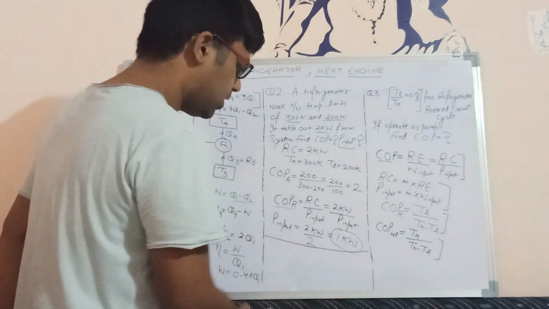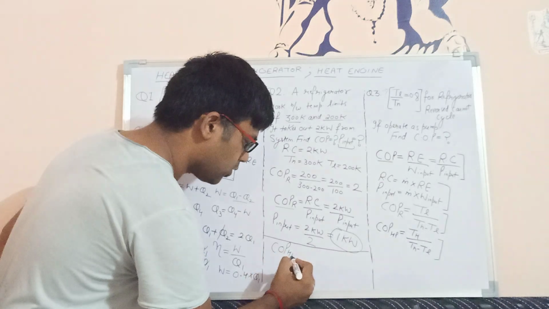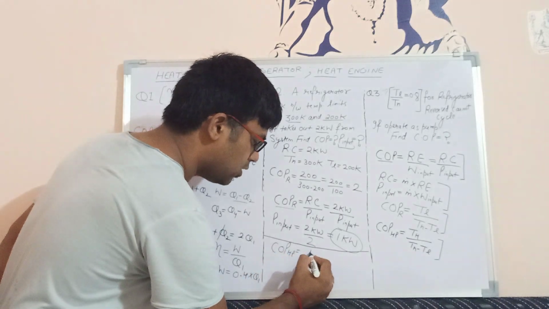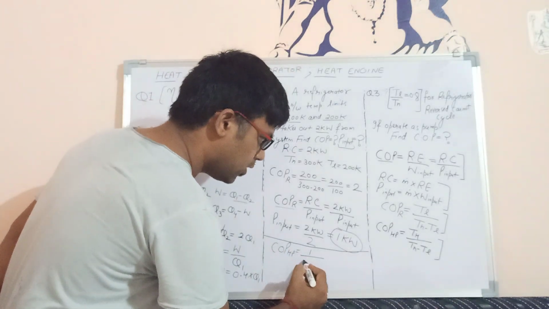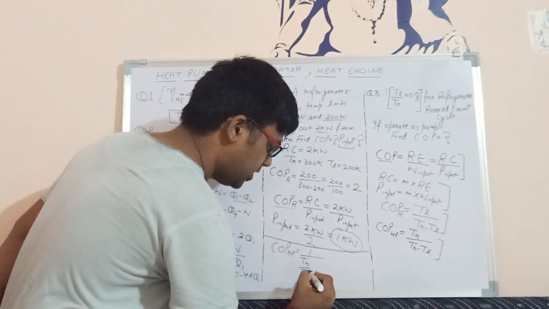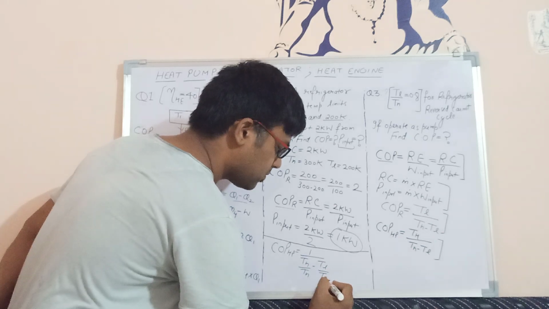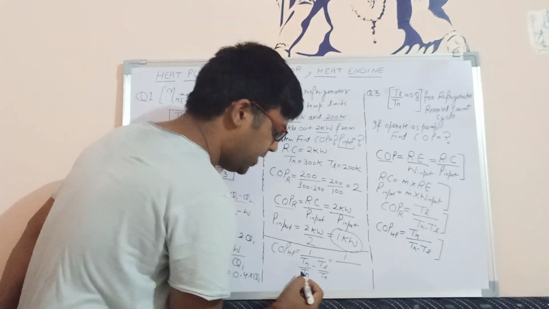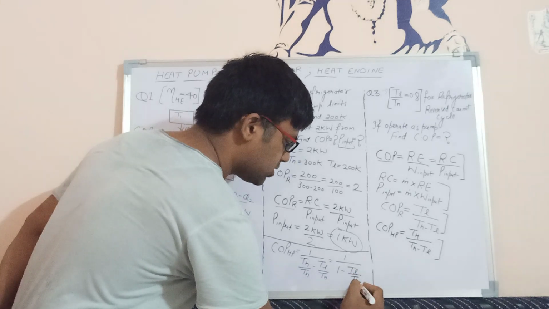So COP of the heat pump is TH upon TH minus TL, which equals 1 upon 1 minus TL upon TH.